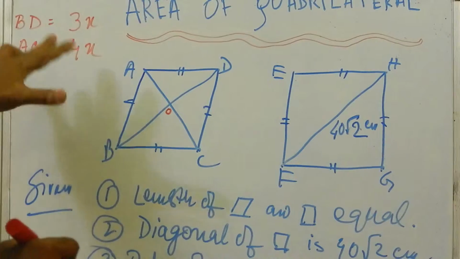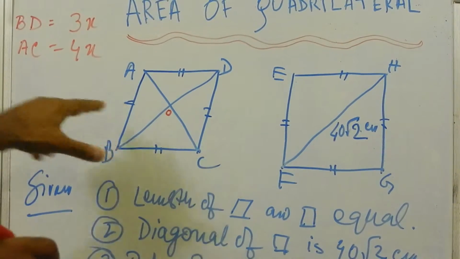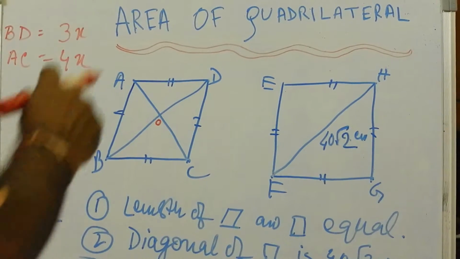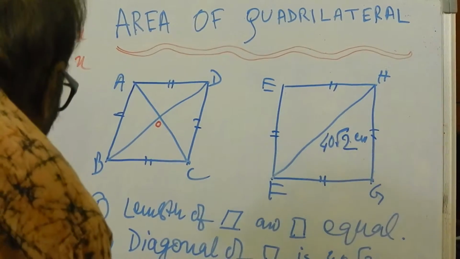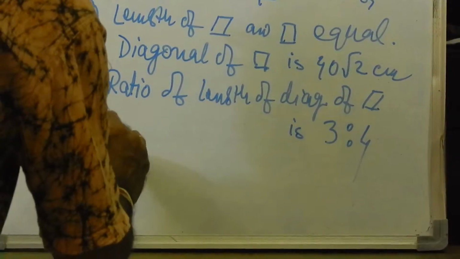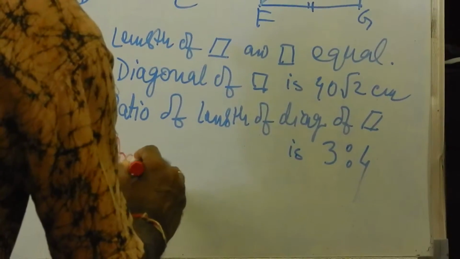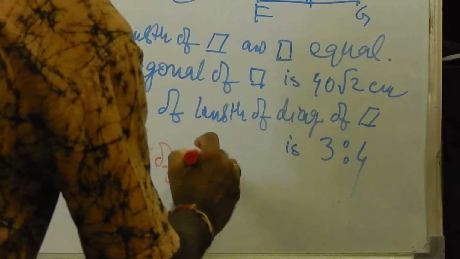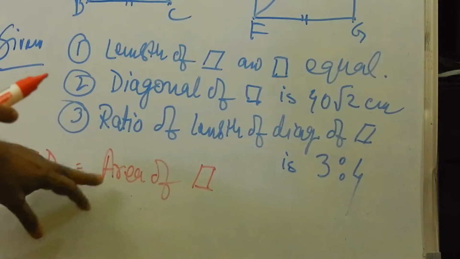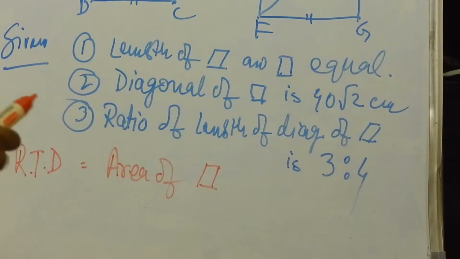But their ratio should be 3:4. So we took it as 3x:4x. And what we are required to determine is the area of the rhombus. This is what we have to find out.